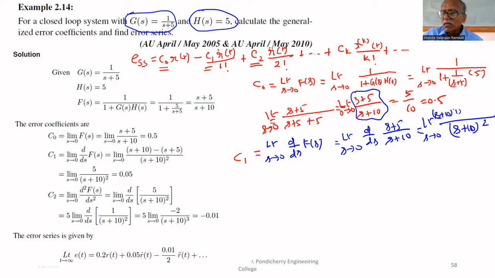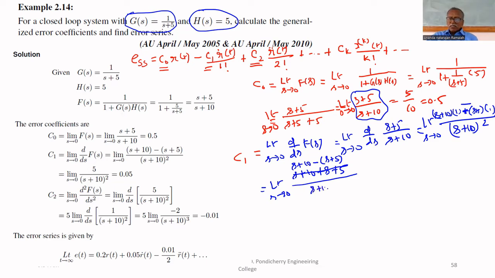Derivative of numerator is 1 times s plus 10, minus s plus 5 times derivative of denominator, which is again 1, upon (s plus 10) whole square. The s gets cancelled. Therefore, 10 minus 5 is 5 divided by, as s tends to 0, 10 squared, 100. 5 by 100 equals 0.05. C1 equals 0.05.